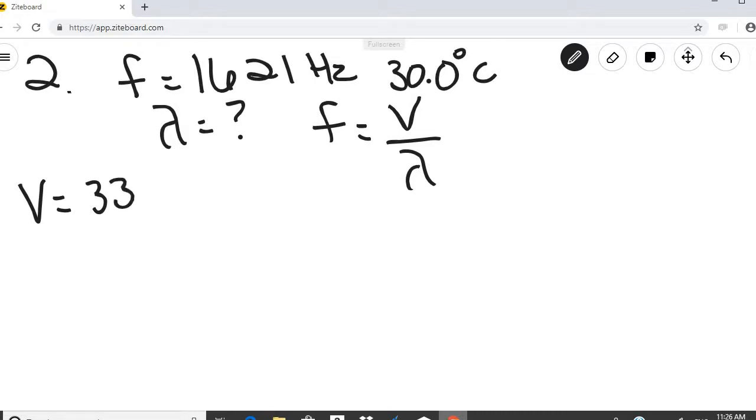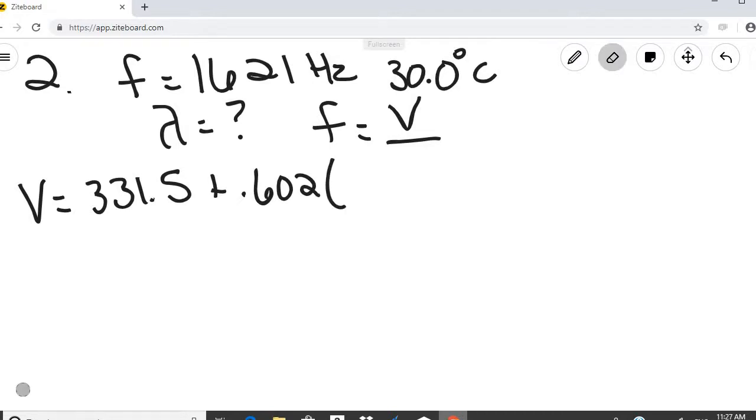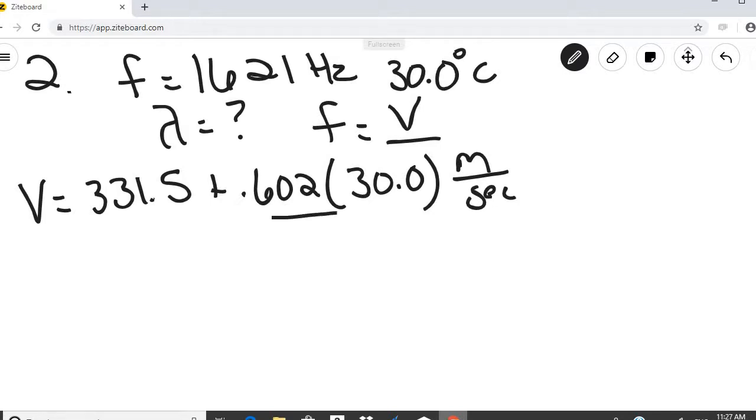So 331.5 plus 0.606 times 30.0, and our units are going to again be meters per second. So when we do this part here, we can have 3 significant figures.